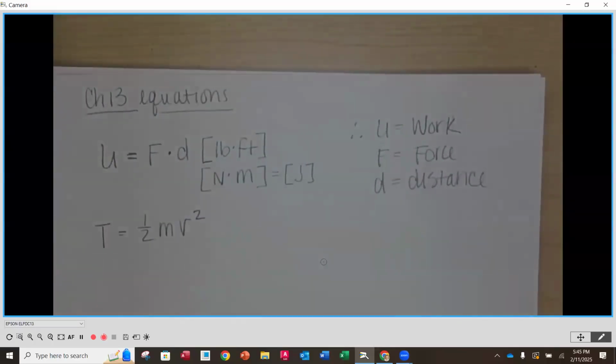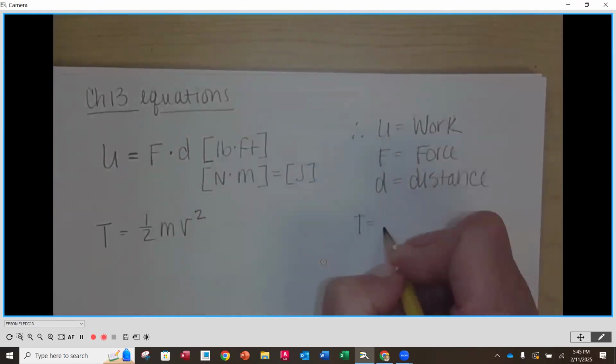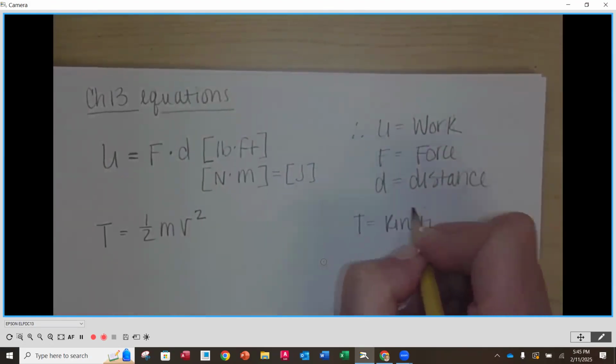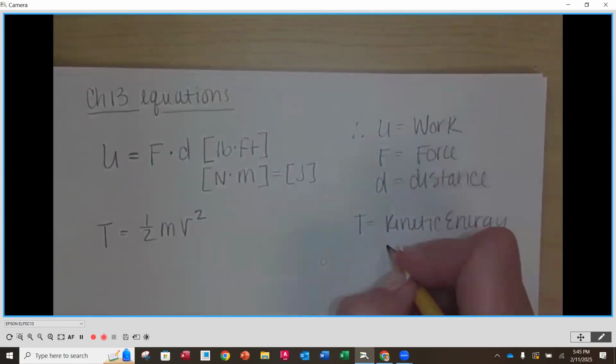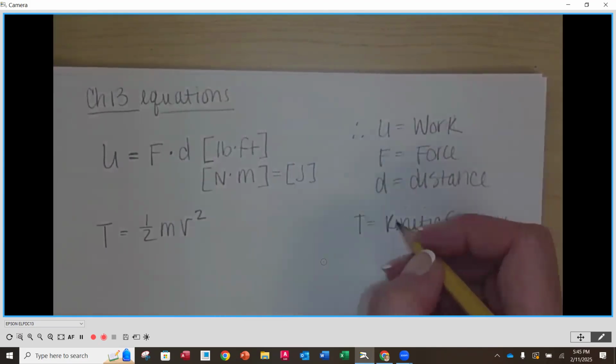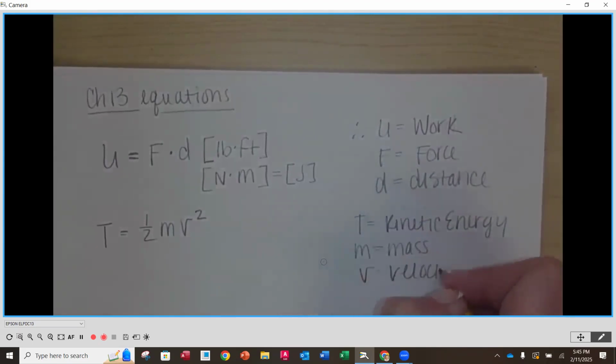The second part should be pretty familiar to us, where T is going to be equal to kinetic energy. M is going to be equal to mass, and V is going to be equal to velocity.